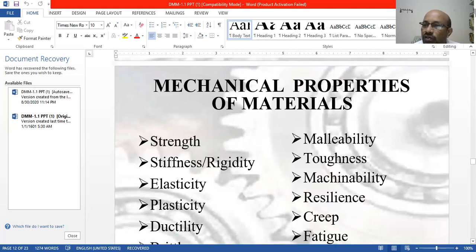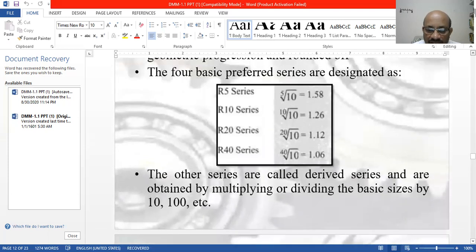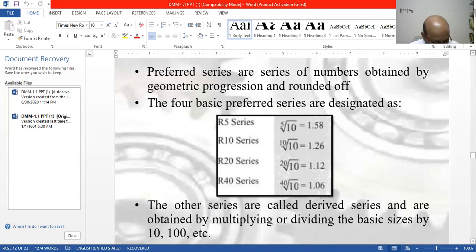Here is one more thing we will discuss before completing preferred numbers. We have some definitions. I will speak on the important terms in limits and fits.